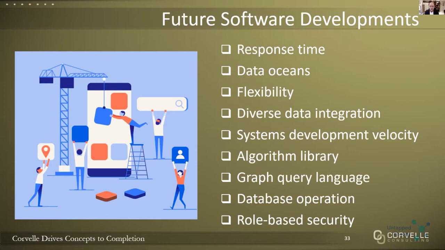Flexibility. Graph database features will enable applications to become more responsive to rapidly changing business requirements with lower cost and risk of creating an unplanned application outage. Diverse data integrations. Databases will further expand their rich library of tools to integrate data from diverse sources.